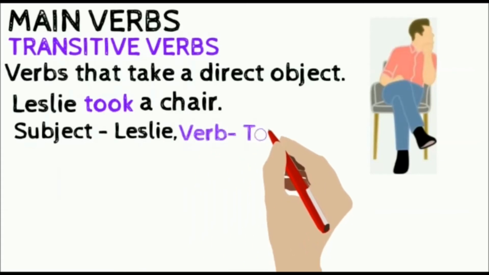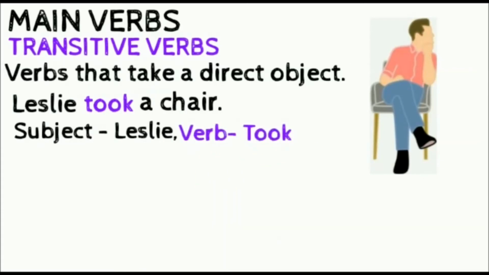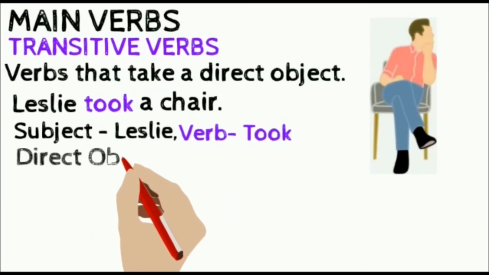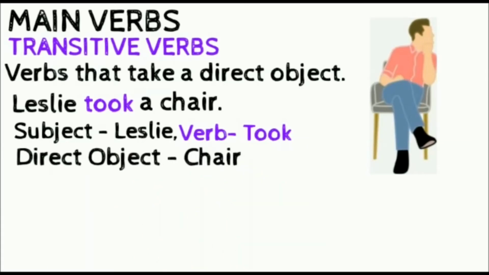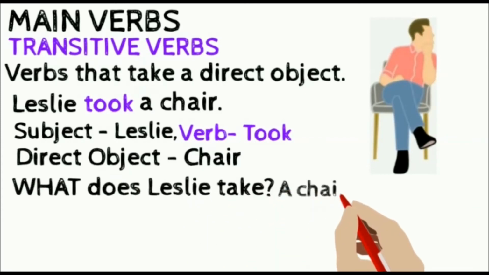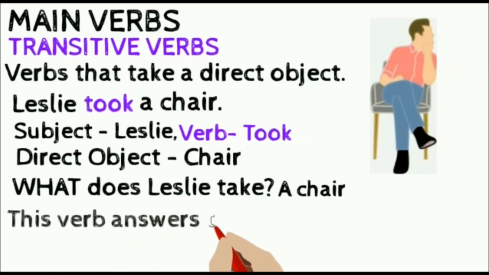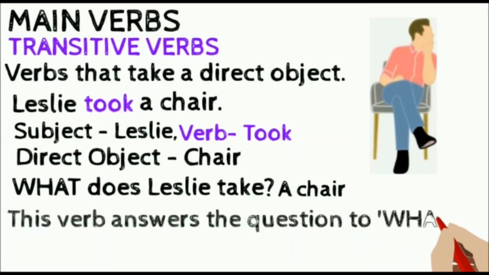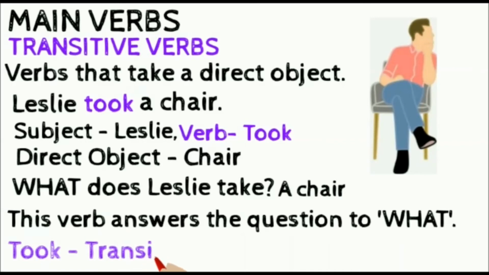If we observe the sentence, when a question is asked to the subject Leslie, what does Leslie take? We get an answer, a chair. So chair is the direct object. Here, this verb answers the question to what? Therefore, took is a transitive verb.